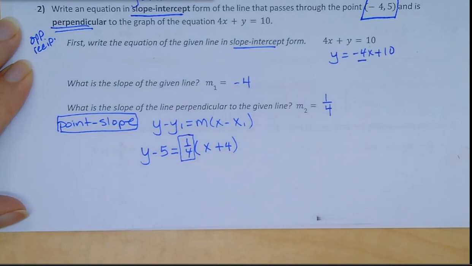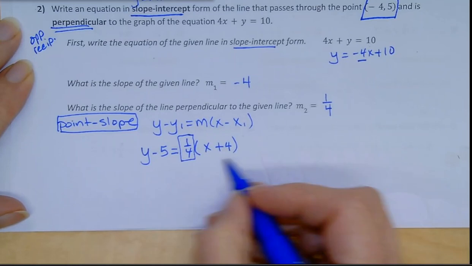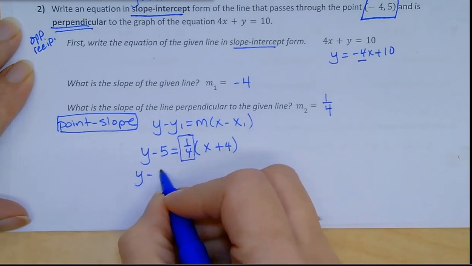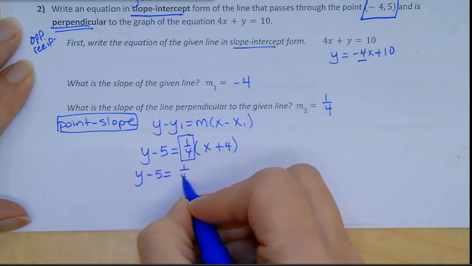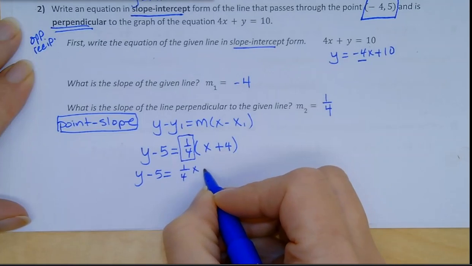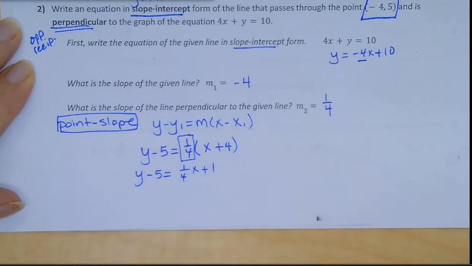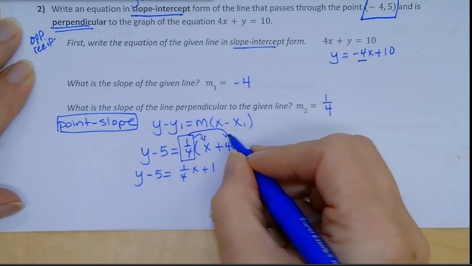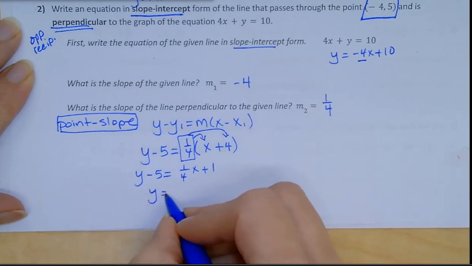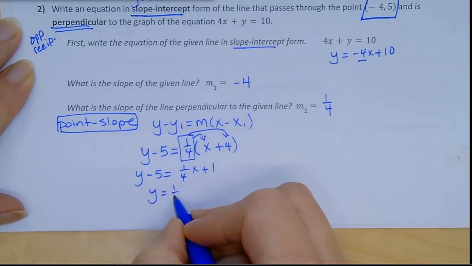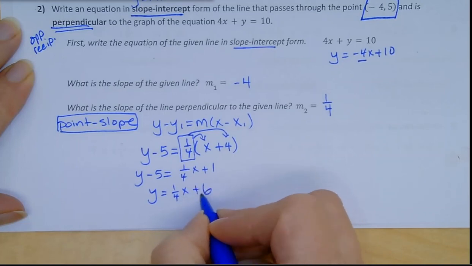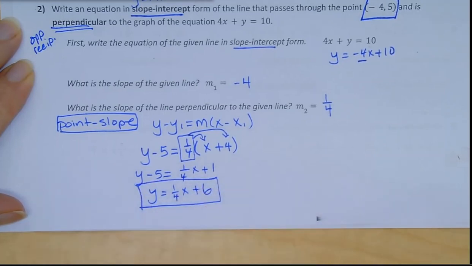So just double check and make sure that you are finding perpendicular or parallel as needed. Now when I solve this, y minus 5 equals 1/4 x plus 1, right? I distributed that 1/4. And so I know y equals 1/4 x plus 6. This will be my answer, whichever method I use to solve.